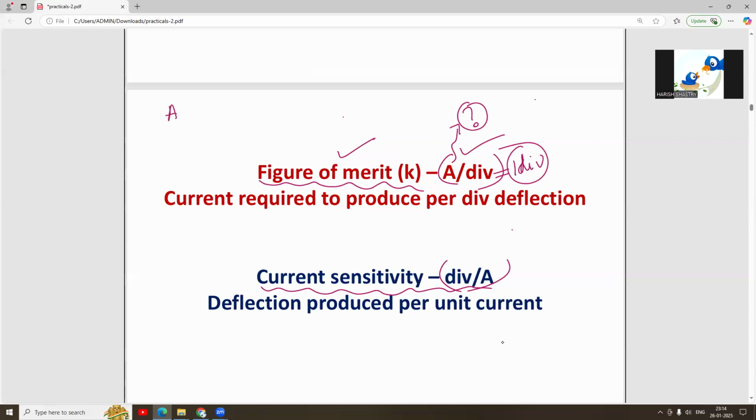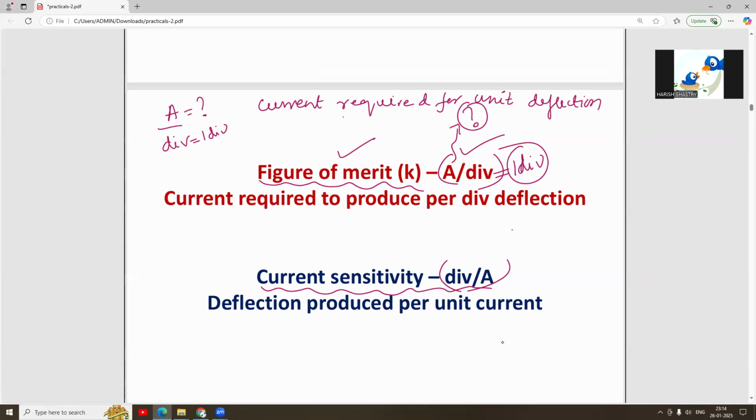So ampere per division. If the deflection in the galvanometer has to be one division, then how much current is required? Current required for one division deflection or unit deflection. Current required for unit deflection is called figure of merit.